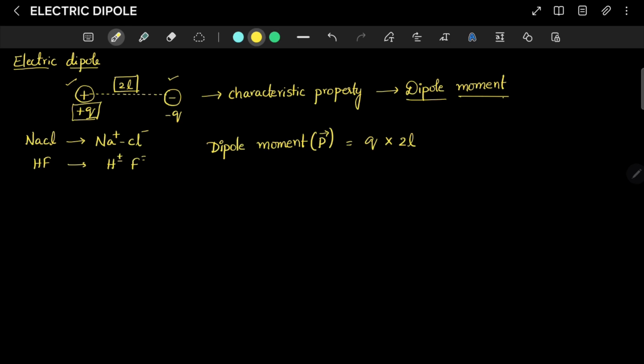And of course, you can identify that P, the dipole moment, is a vector quantity.